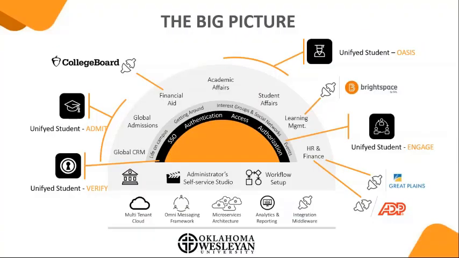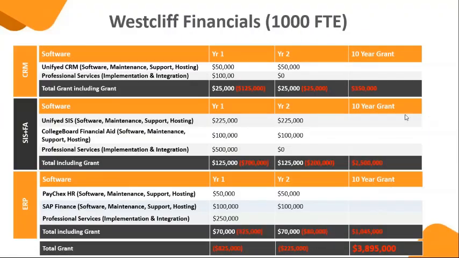financial slide, please? So again, just to point out the financial bits, I just want to walk this through. Westcliff was able to move from Salesforce to a new modern student recruiting CRM.